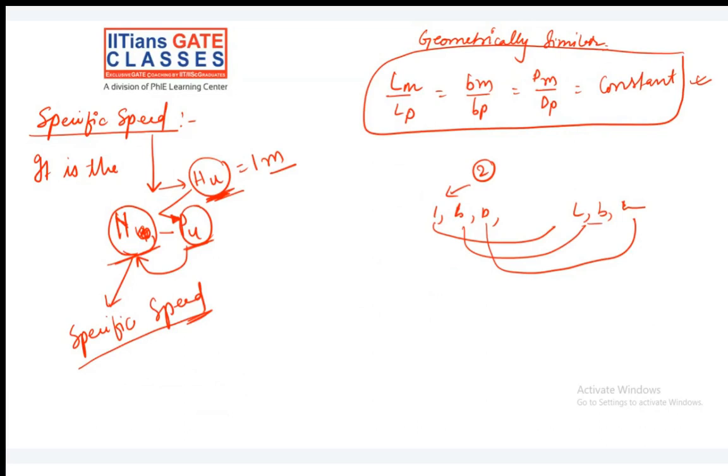Why? Because we have applied geometrical similarity. So there is no need that they are of the same size, but we can apply it. So if I know the specific speed, then I can compare that this turbine needs this much speed under unit head to produce unit power, while the other turbine is required to work at this speed when working under unit head to generate unit power.